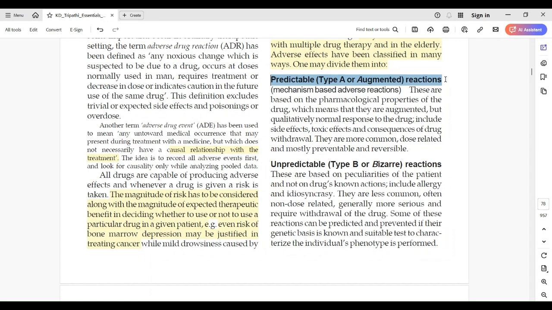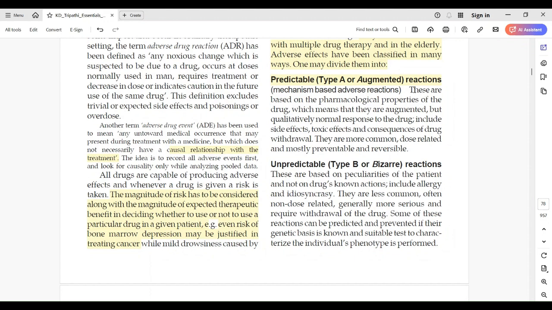The first type is predictable reactions, also called type A or augmented reactions. These are mechanism based adverse reactions, meaning we know they will occur if we take the given drug at a given dose in a given medical condition.